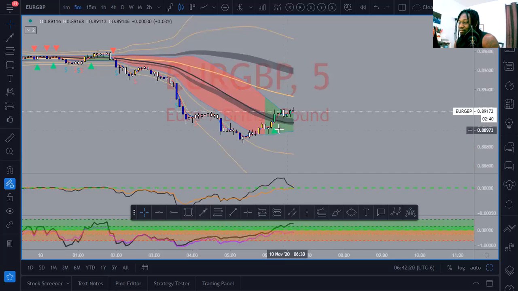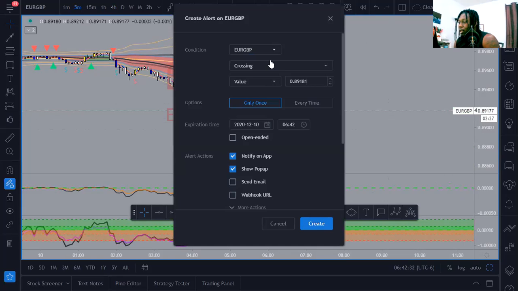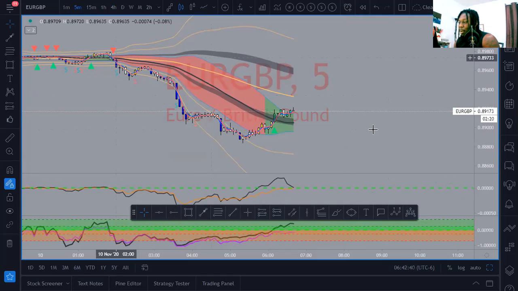I'm not going to give any updates necessarily. So if you want, be my guest, and go ahead and get into this trade. Going to set my alert for this to get out because like I said, I'm not necessarily crazy over this buy, but I just like how the 5 minute, after this huge drop, I need to see some type of retracement, and that's what I can get with this.